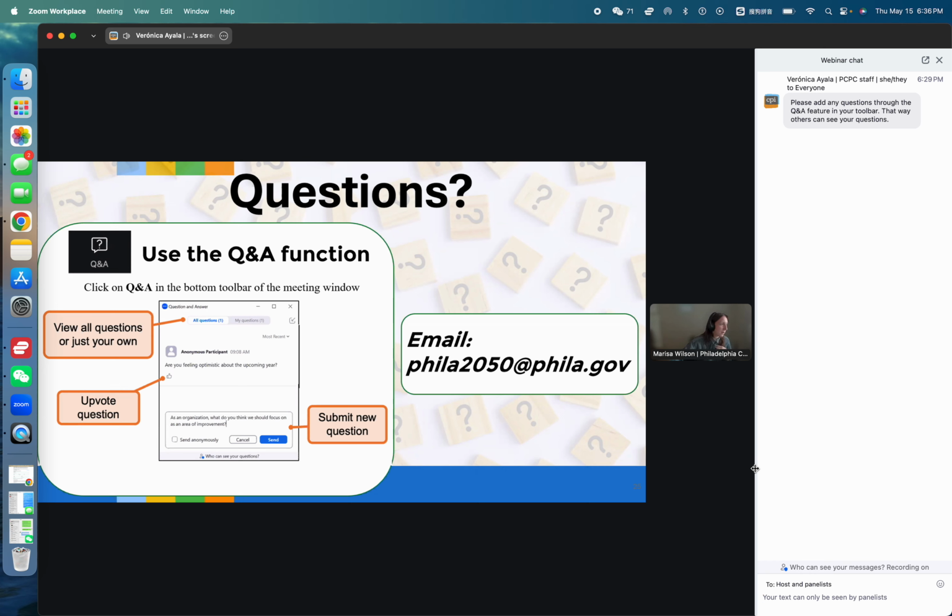I'm seeing one first from Nicole Healy: if our RCO does not represent an equity-based audience, should we still apply? So we will be reviewing applications from everybody who applies. As I said earlier, what will make a strong application is showing all of those characteristics. If you are able to demonstrate how you will engage any of those equity audiences, or if you are already doing work with those groups, that does increase the number of points you will get in the application.